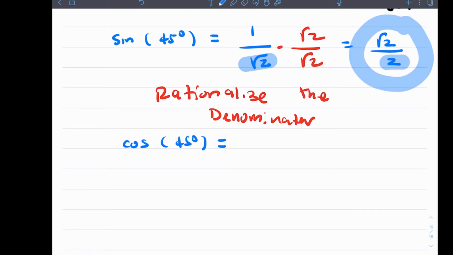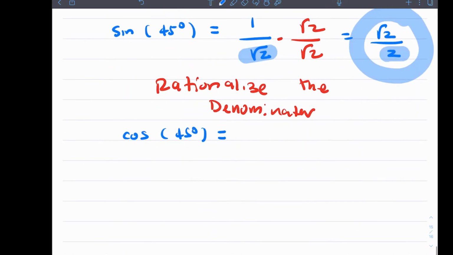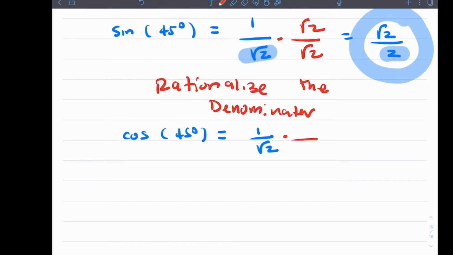Cosine 45, what's that going to be? Same. Why is that the same? Opposite over what? Hypotenuse. So it's going to be opposite over hypotenuse. So that's 1 over the square root of 2. And again, you rationalize the denominator. Is that right? And you multiply your fractions.